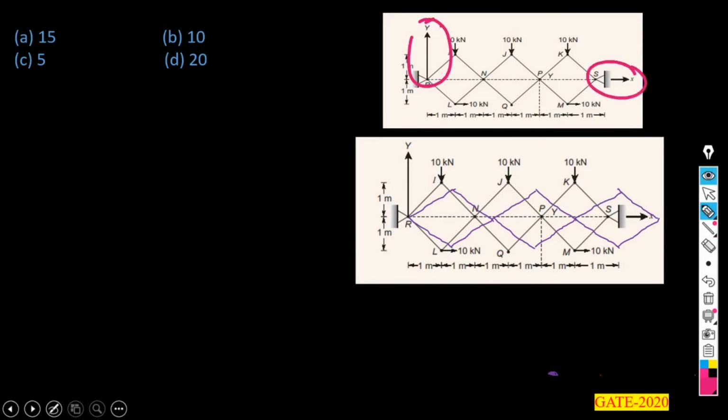The next step is to give the virtual displacements which are compatible with the constraints, that is, compatible with the kinematic constraints. You can see here in diagram 2, these are the given virtual displacements, which are compatible with the kinematic constraints. At the support S, we are replacing the hinge support with a roller with a force at S.